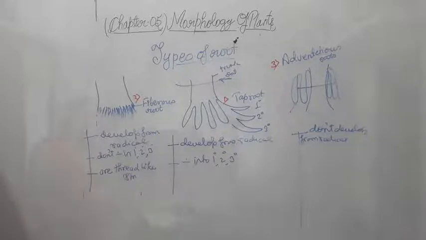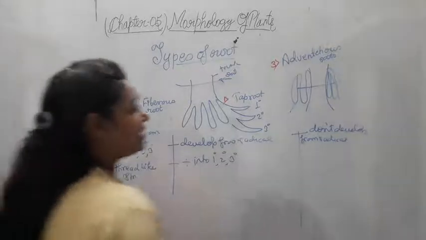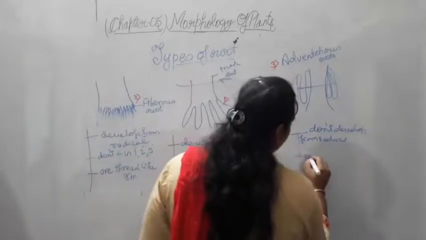Okay, so this is the third type of root which we are studying, the adventitious roots, which do not grow from the radicle part of the plant. They are growing from different sections of the plant, and this kind you will generally see in the monocots.